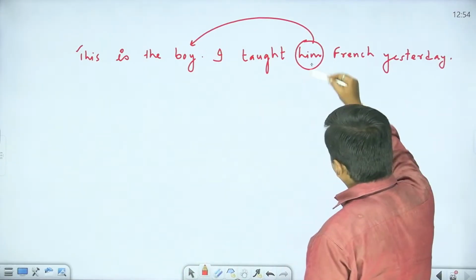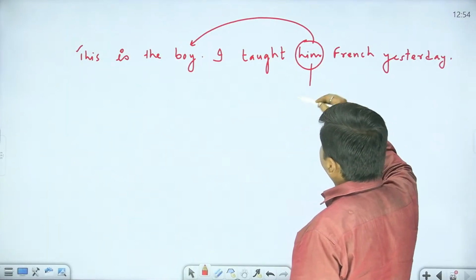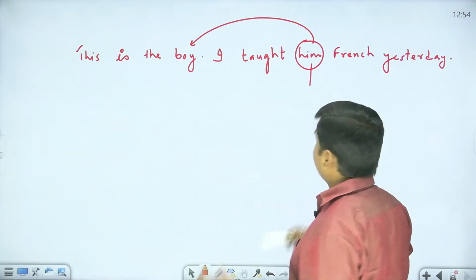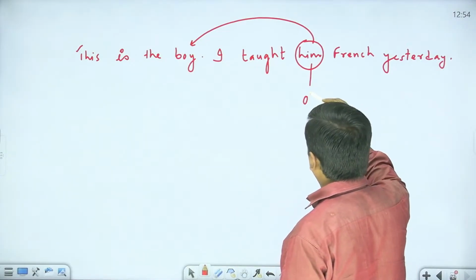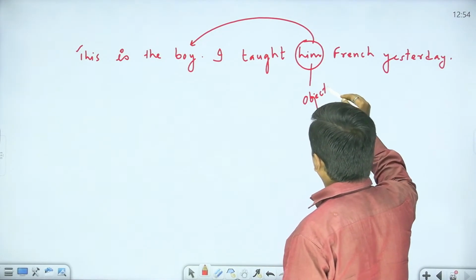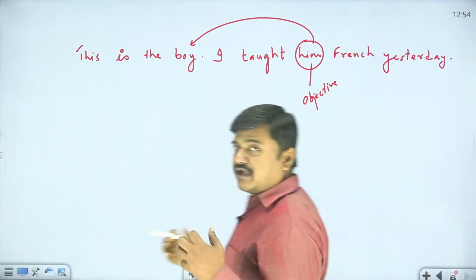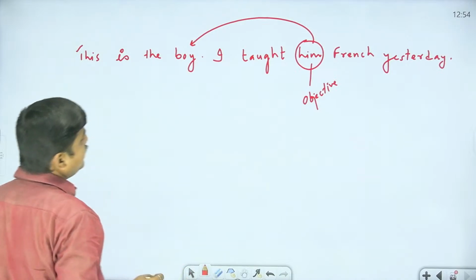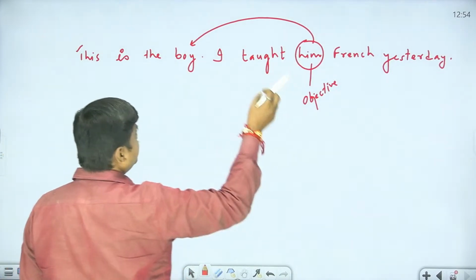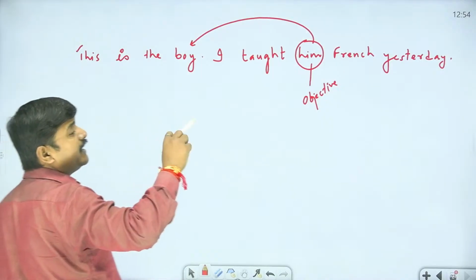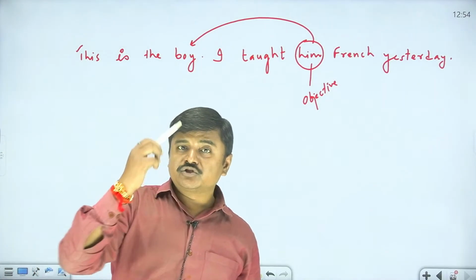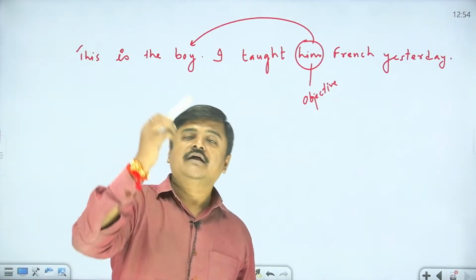Now, you know that him is not subject, because our subject is this. Now, what is him actually? Him is object. It means when we have to combine the sentence by using relative pronoun, we have to remove this and use a relative pronoun that should be used for a living being.